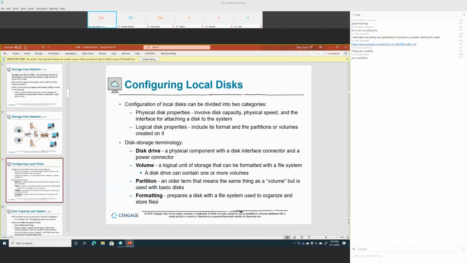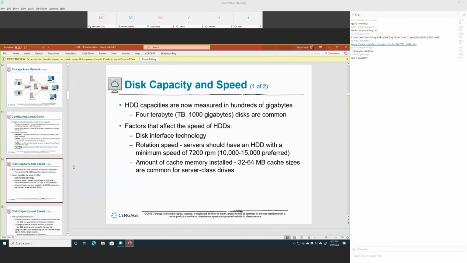Formatting, we know the format, you have to organize your disk to make it ready to store data on it. And the most popular one we use is NTFS, like we said. They talk about capacity.